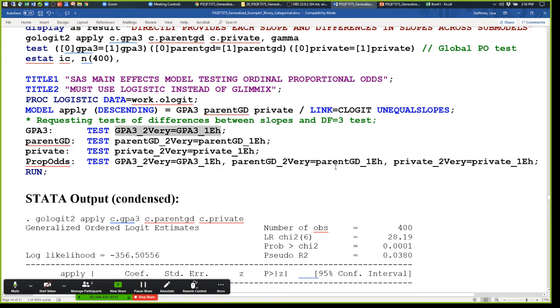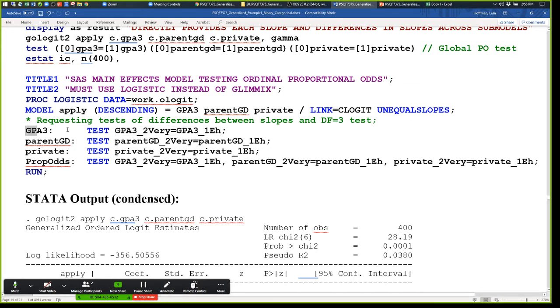So I have the name of the slope, an underscore, and then what it calls the submodels. And it pertains to what the outcome category is. So in this case, it's calling the submodel that predicts the yes, the vary, underscore, or to vary, because that's what it's called in the data set. That is the value label that goes with that number. And the second submodel value label that goes with that number is 1 eh.